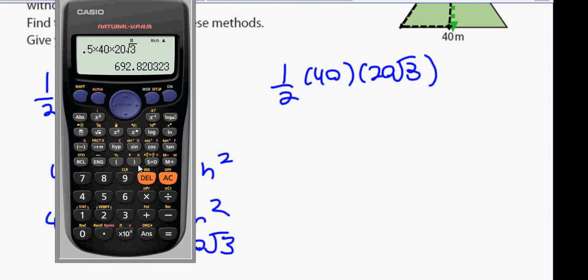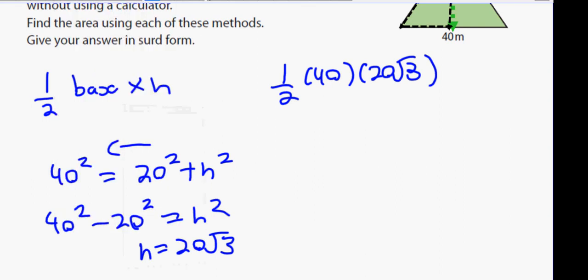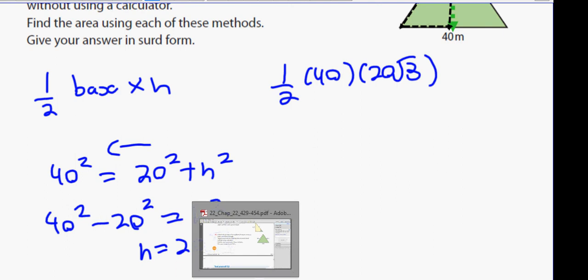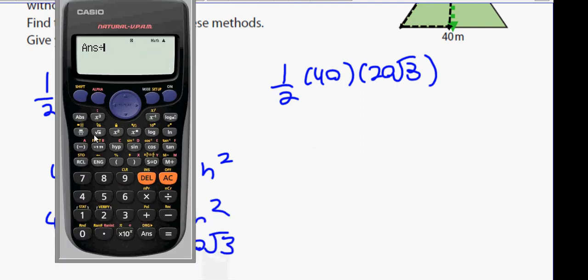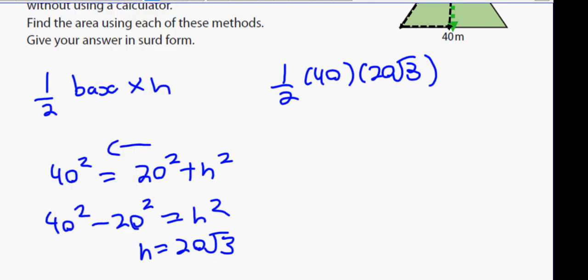It doesn't give it to you in surd form, does it? So, calculator, I have an idea. There's a root 3 in there somewhere, isn't there? So if we ignore the root 3, it's just going to be a half 40 by 20, which is 400. 400 root 3.